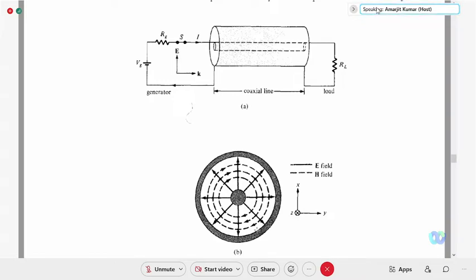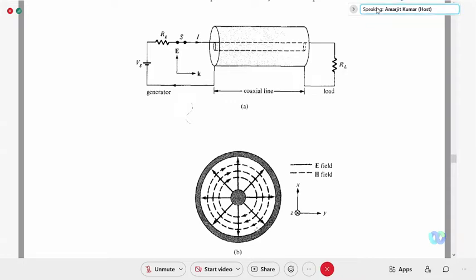That means a transverse electromagnetic wave is propagating. What is a transverse electromagnetic wave? It is the same wave that propagates in the coaxial transmission line we are discussing.